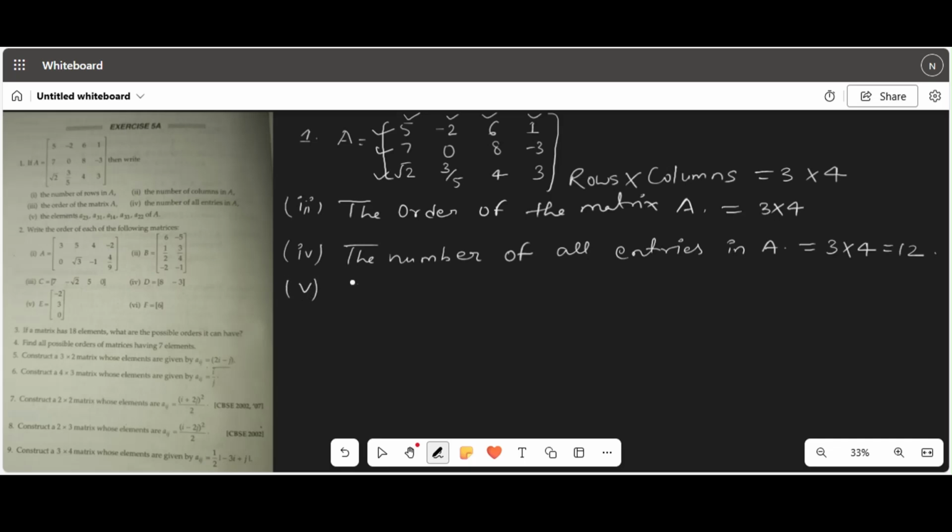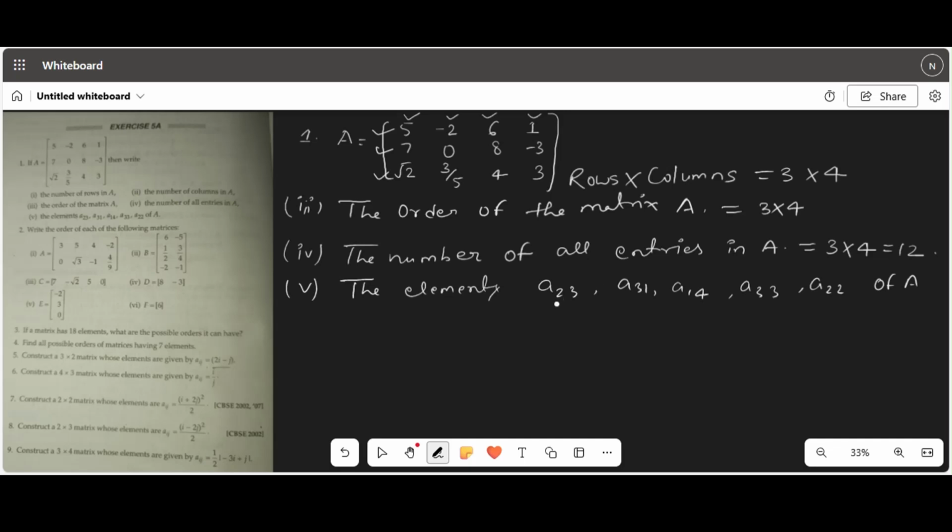Fifth number: the elements A23, A31, A14, A33, A22 of matrix A we have to find. So you already know, you are already getting smarter.